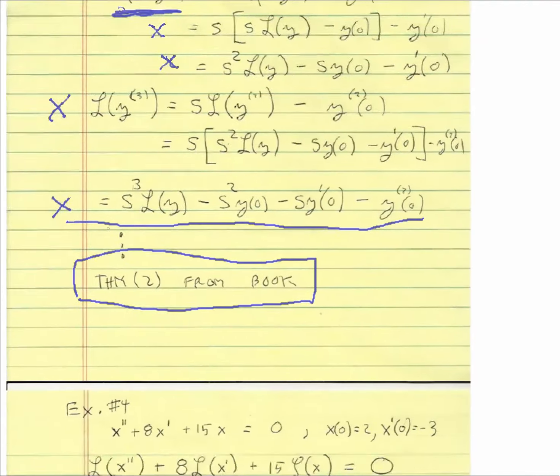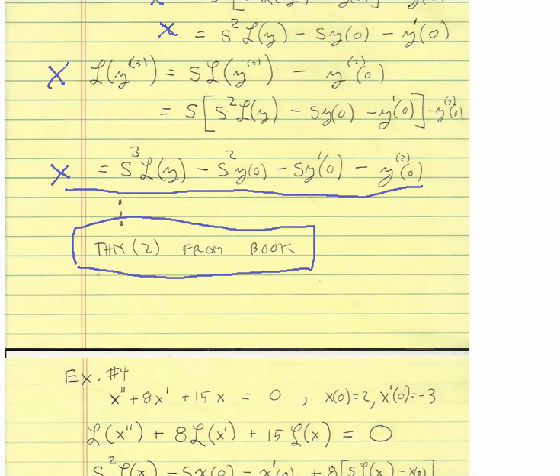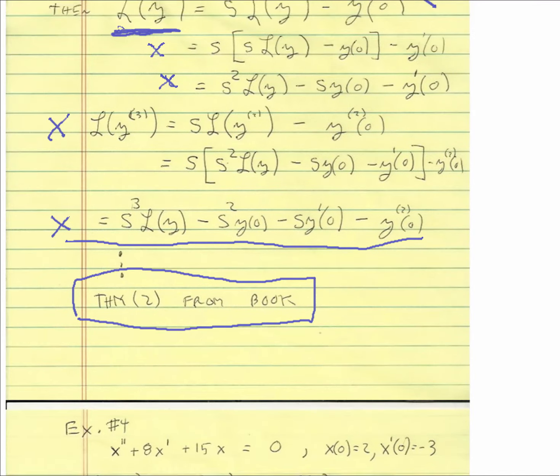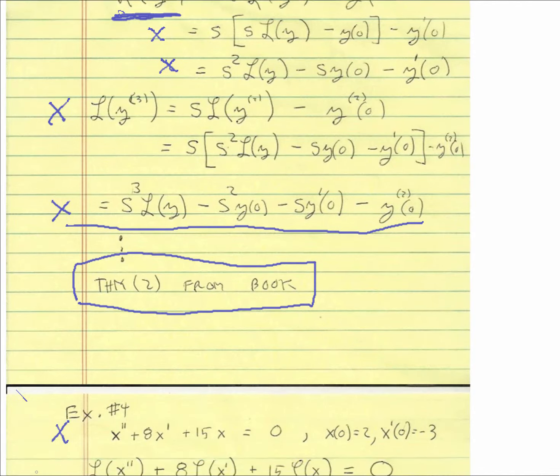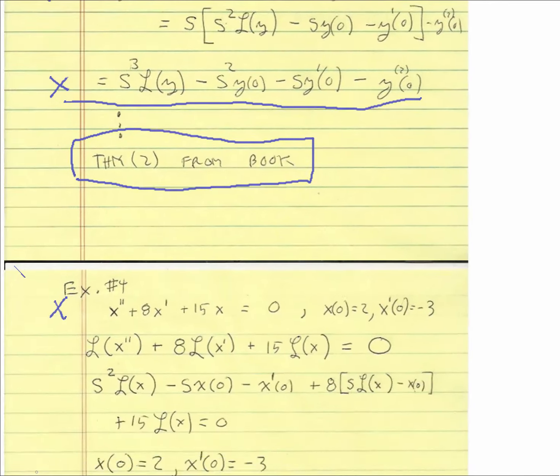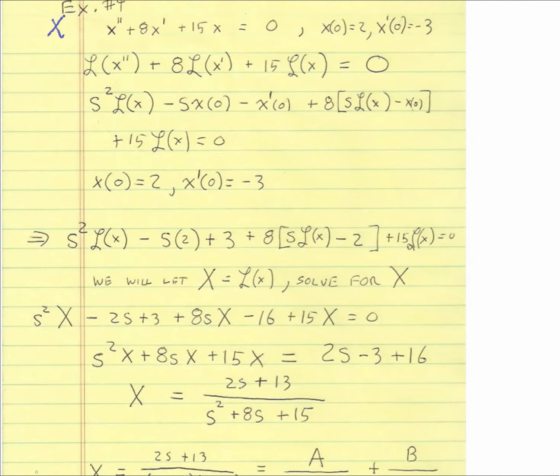All right, so here we have a constant coefficient differential equation right here. Now, in this next line, we take the Laplace transform of both sides of the equation, and using the fact that the Laplace transform is a linear transformation, we can take the coefficient 8 out and the coefficient 15 out.